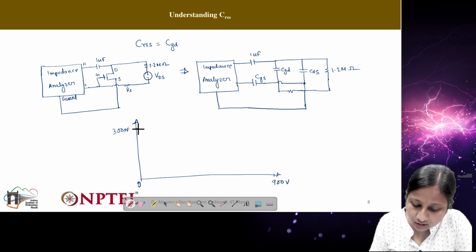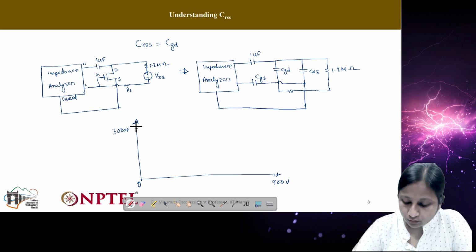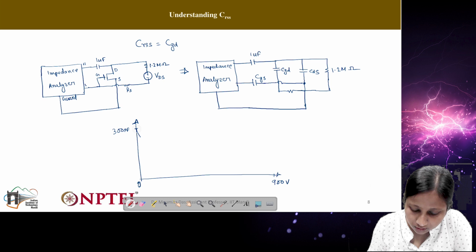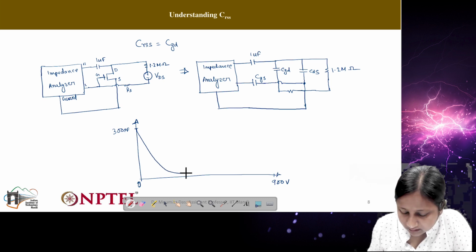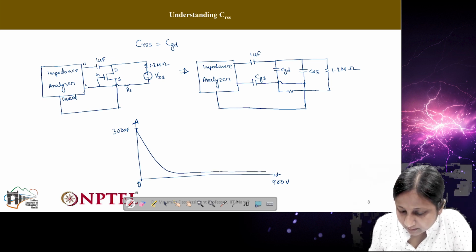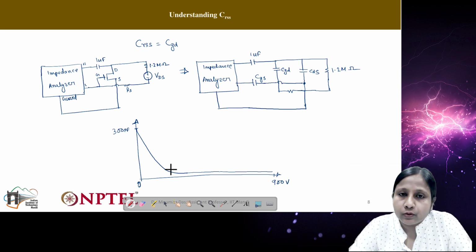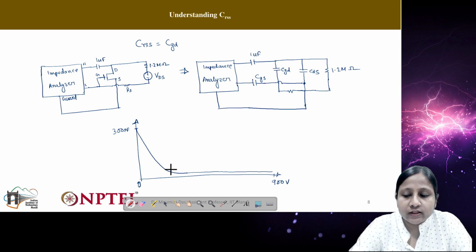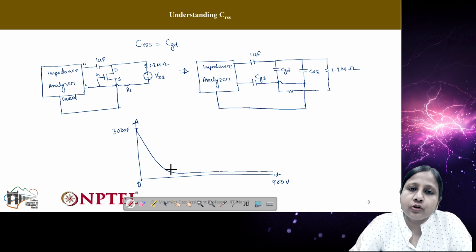Eventually, with respect to the voltage level, this will also reduce and then remain at the minimum level. So the initial value of this reverse capacitance is lower than that of the output capacitance, but the characteristics will remain similar to that of the output capacitance.